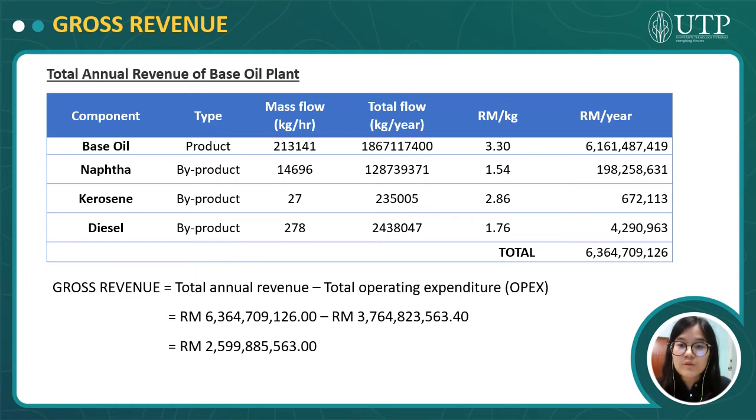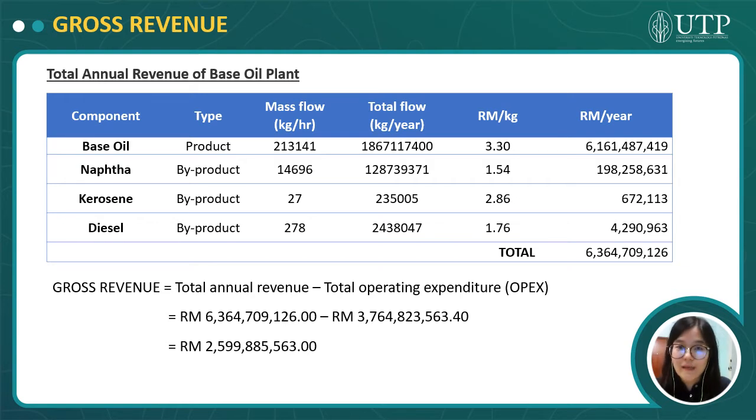Other components produced in our plant are naphtha, which will make around 198 million ringgit, kerosene with a revenue of 672,000 ringgit, and diesel with a revenue of 4 million ringgit per year. Hence, our plant will get a gross revenue of approximately 2.6 billion by subtracting the total annual revenue with the OPEX.